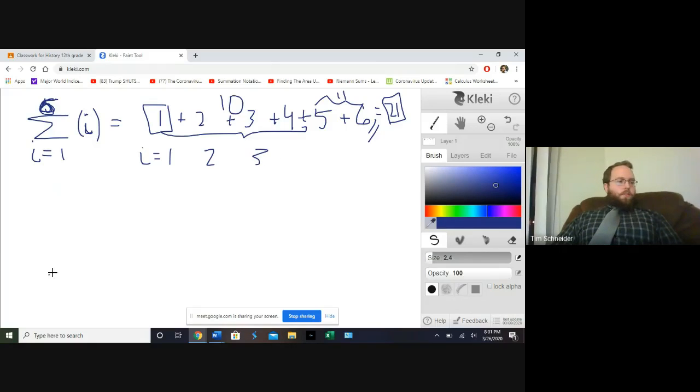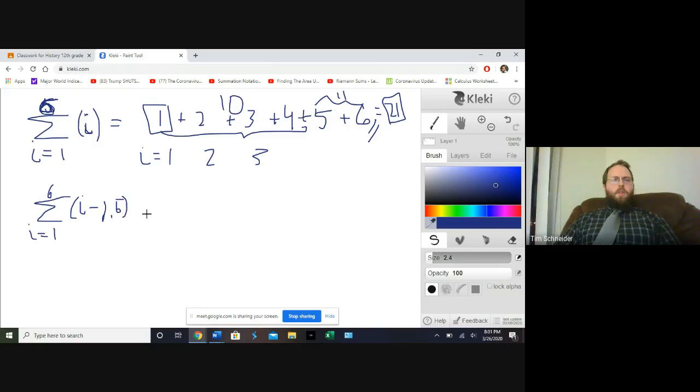So what do we do with that? Well, let's do another example really quickly, to find out another property here. Let's do from 1 to 6 again, but let's do I minus 1.5.